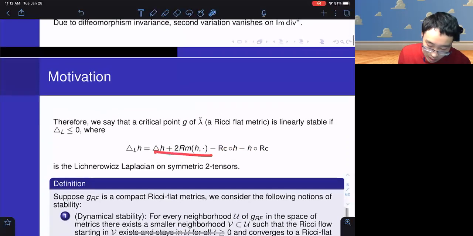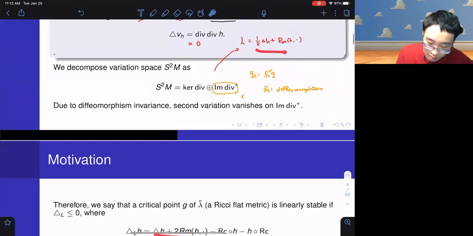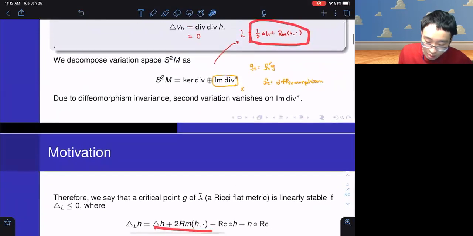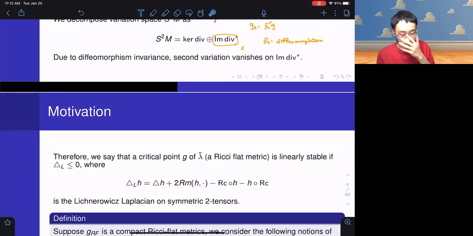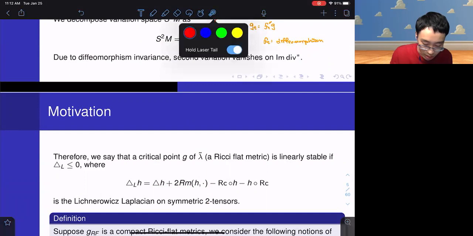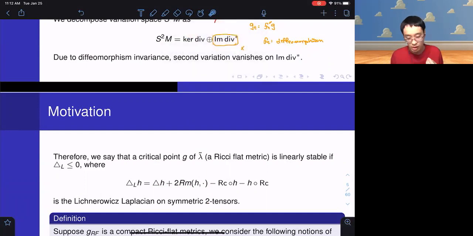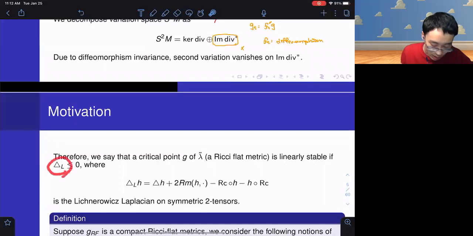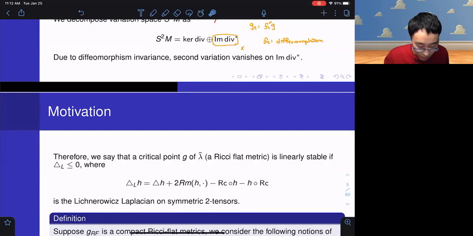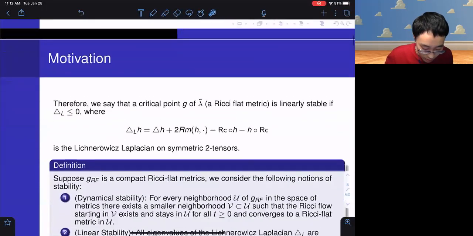And then this is exactly what I wrote here about the operator L. So we will say that a critical point g of lambda tilde is linearly stable if the Lichnerowicz Laplacian is non-positive.